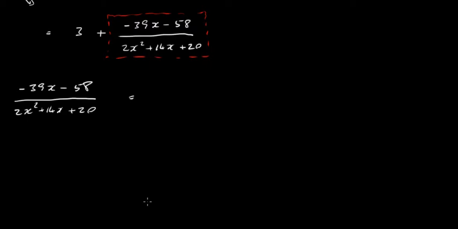What we've got to do first is factorize our denominator again, like we did in the previous video. So it's minus 39x minus 58, and on the bottom we've got to factorize. We end up with 2x times x, and then let me see, 4 times 5 should work, I think, yeah. We put a 4 here, a 5 here.